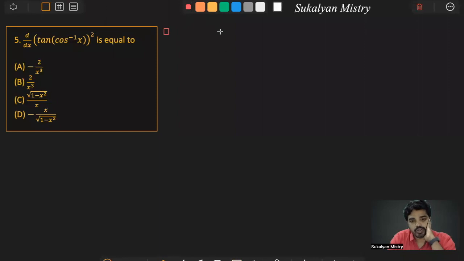Next example, we have to calculate the derivative of tan of cos inverse x, whole square.